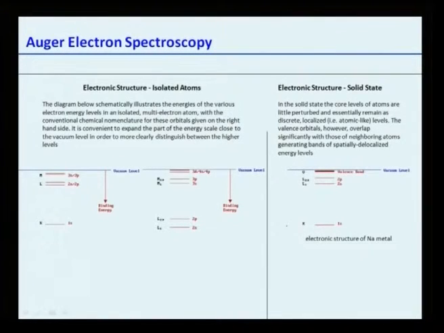Well, to talk about Auger spectroscopy, we need to know a little bit about the electronic structure. As you know, electrons rotate around the nucleus in an atom, and these electrons have different energy levels, which depend on their quantum numbers: the principal quantum number, the azimuthal quantum number l, the magnetic quantum number m, and the spin quantum number s.